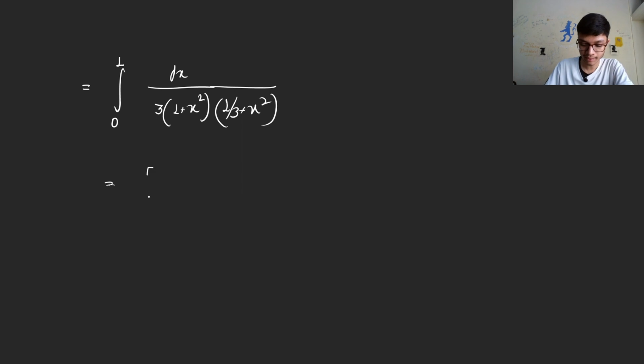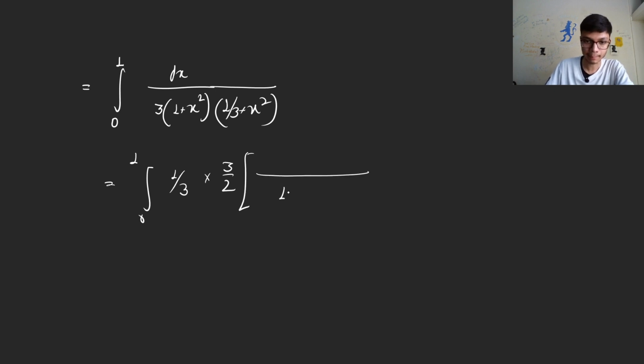Now I can simplify and write this as 0 to 1; if you take 1 by 3 common and multiply with 3 by 2, I can write this integration in terms of partial fractions. So 1 by 3 plus x square, and what I do over here is write 1 plus x square minus x square plus 1 by 3.